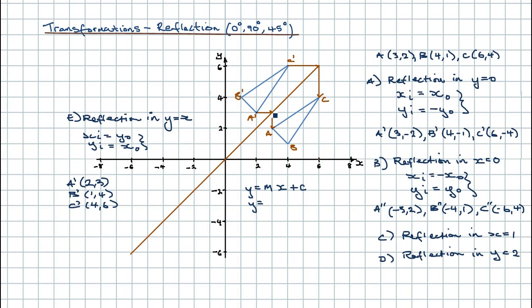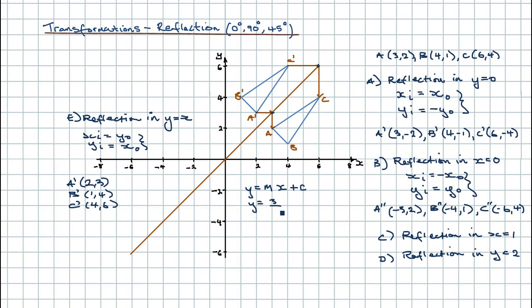So let's take these 2 points here. At this point we rise up 3, and we run along 3, so the difference in the y, 6 minus 3, gives us 3, and the difference in the x is 6 minus 3 as well, so also 3.